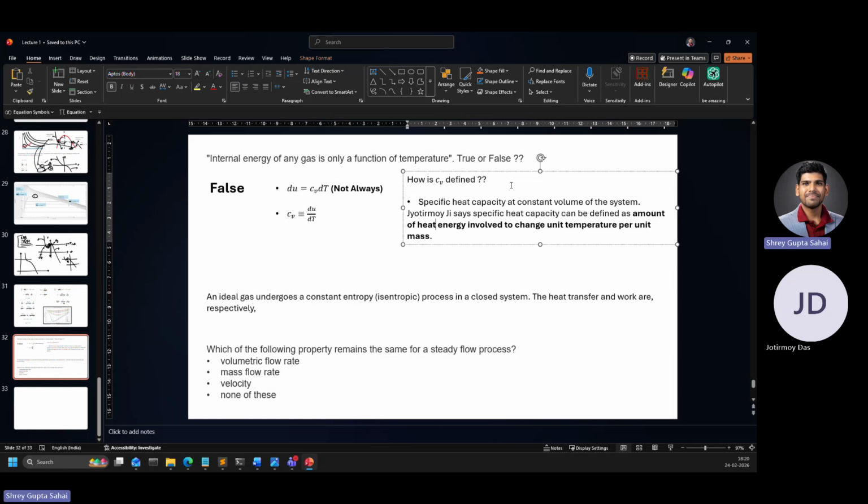Energy is a state property: total energy, internal energy, kinetic energy. But heat is a path function, at the boundaries. So we don't associate heat with the system.